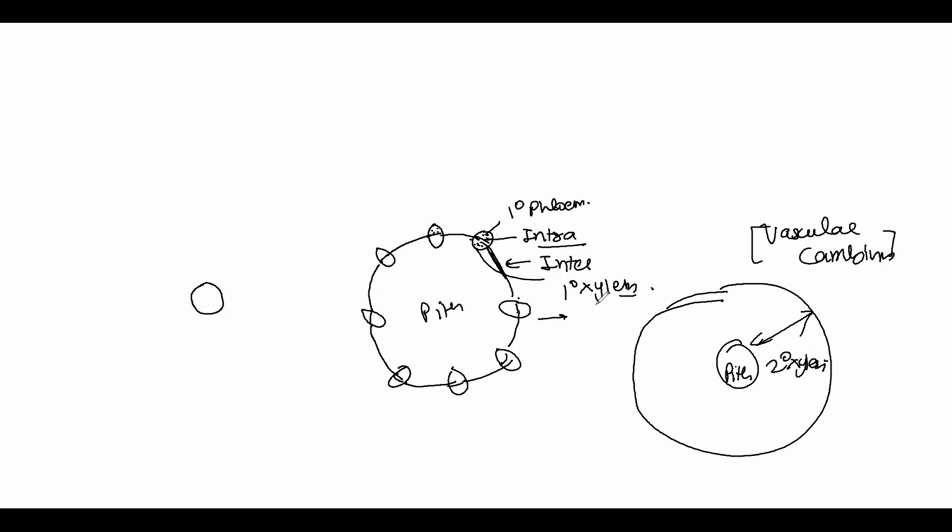Once the cambium is here, after increasing its radius, all new cells are called the secondary xylem. So secondary xylem will be added between the pith and primary xylem. So primary xylem will be here.